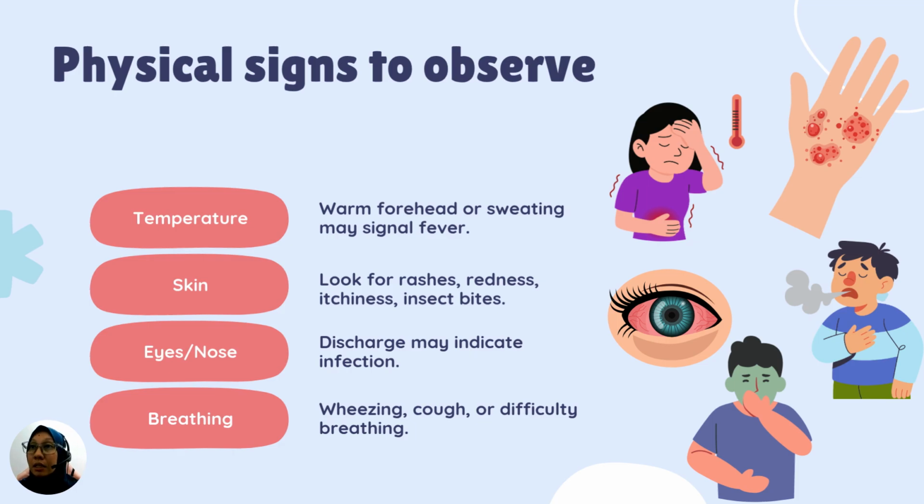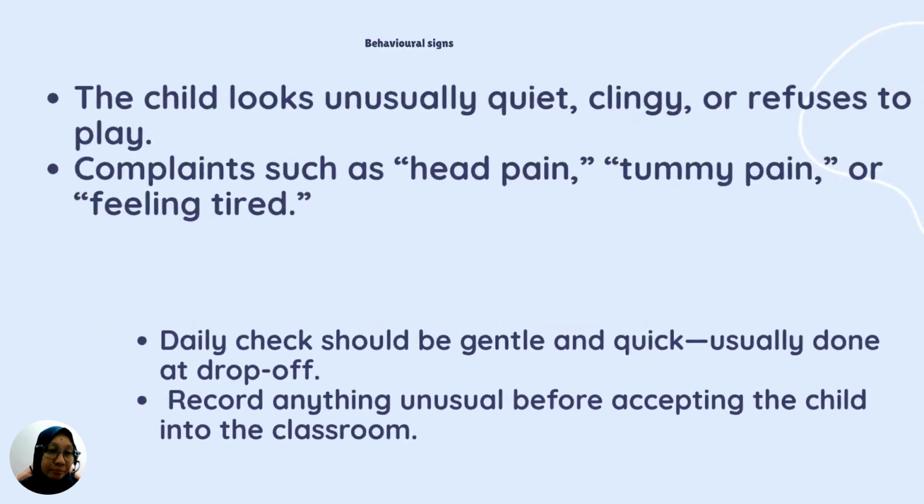Finally, listen for any sound of wheezing, coughing, or any difficulty in breathing, which are crucial signs that should never be ignored. By observing these physical signs, you will be better equipped to ensure the child's well-being and take appropriate action when necessary.